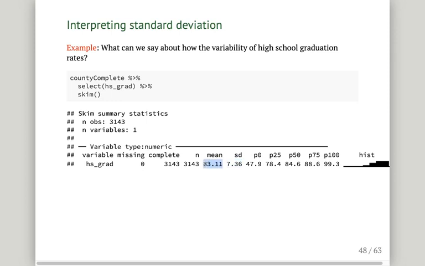So a typical county might have a high school graduation rate somewhere between about 76% and about 90%. We would expect most of the counties in the data to fall between those two values. Now, that's not the same as the distance between the quartiles, but it's a pretty good range for where most typical counties will fall.